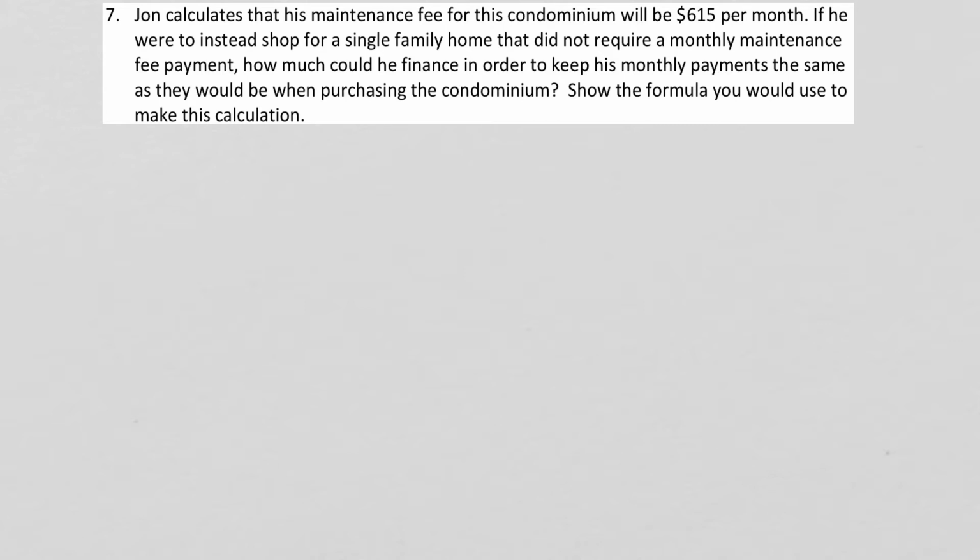So the general rule of thumb, and this is not true for every interest rate, is that every $500 of maintenance fee takes away about $100,000 worth of buying power. So we're going to expect that we could have bought something for more than $100,000 more. I'm going to guess $120,000 more or something like that. But let's take a look at the actual calculation.